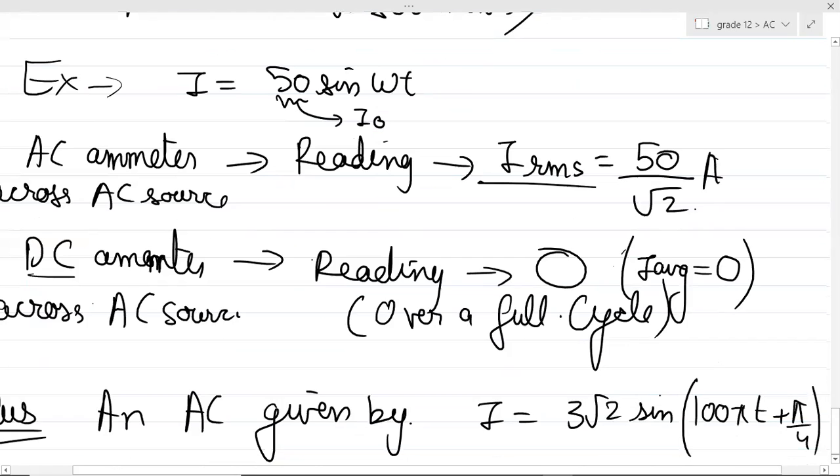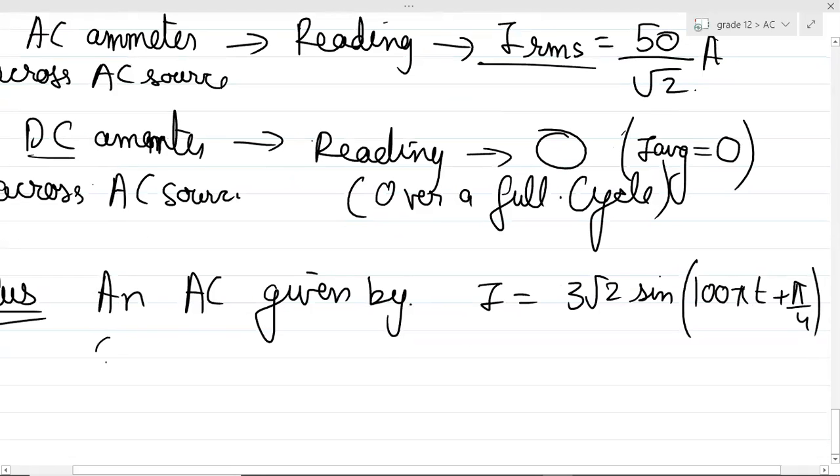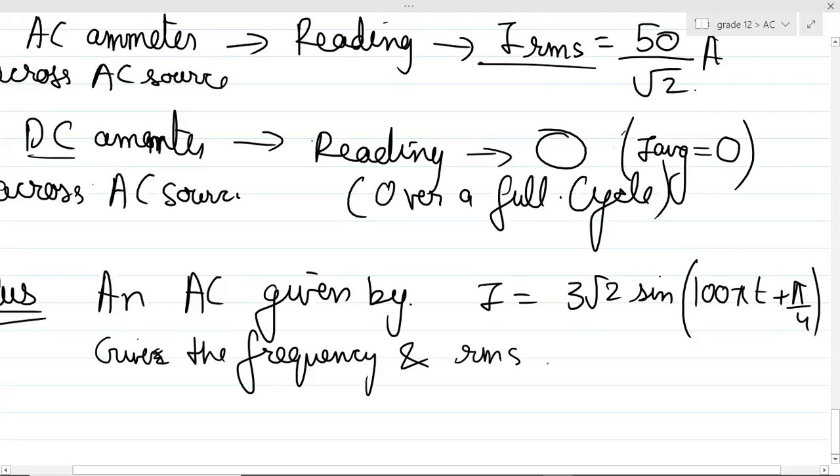This is the equation of AC. Give the frequency and RMS value of current. Easy.